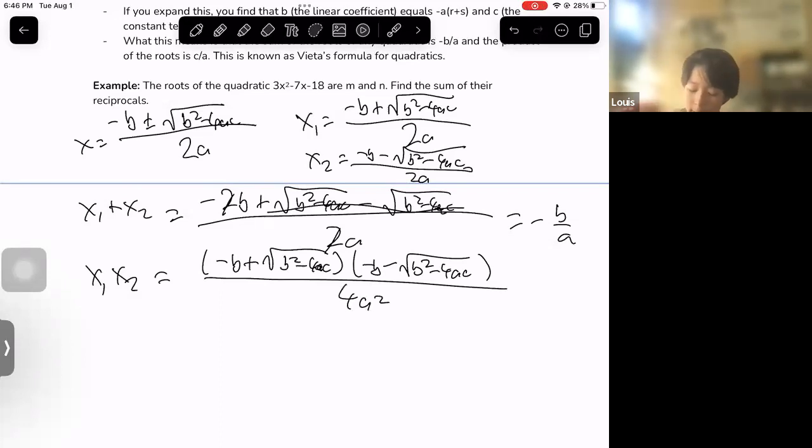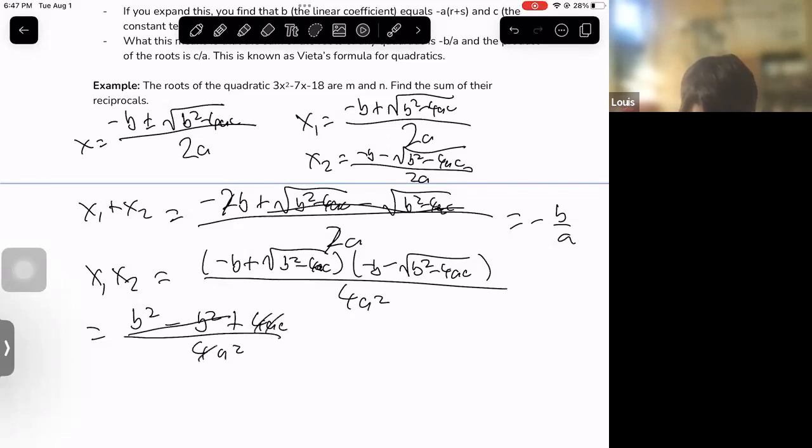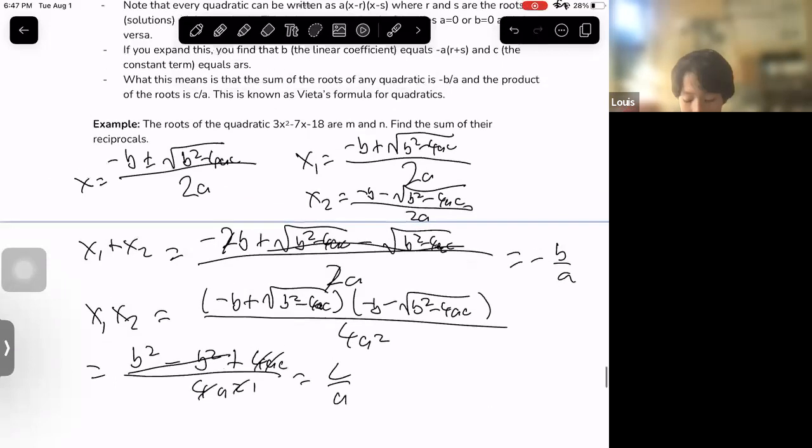And then we can just use difference of squares on the numerator, and this will just give us b squared minus b squared plus 4ac over 4a squared. So these two will cancel, this will cancel, and this will give us a 1. So which is just c over a. So we have our Vieta's formula.